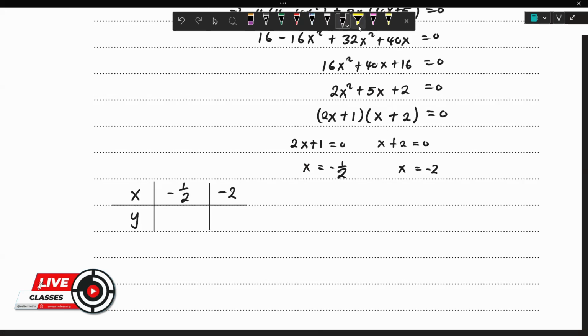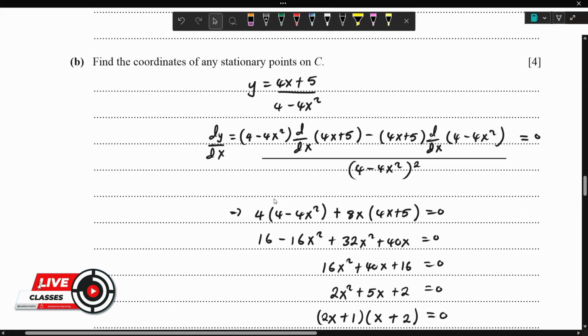Okay, so when x is minus a half, we have to substitute the value into the equation. So minus a half, and I store that into x, and we're going to have (4x + 5) over (4 - 4x²), and I'm getting 1.